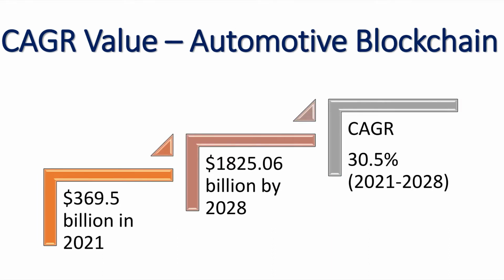For another example, the CAGR value of automotive blockchain shows an initial value of $369.5 billion in 2021 with a final value of $1825.06 billion by 2028. And this shows a CAGR score of 30.5% from 2021 to 2028.